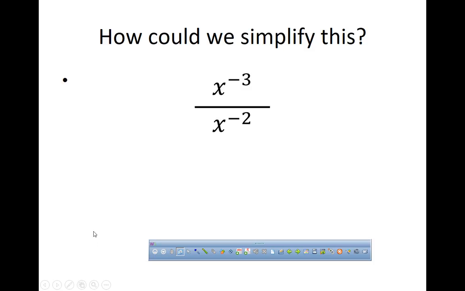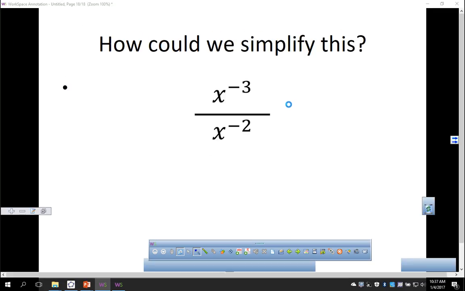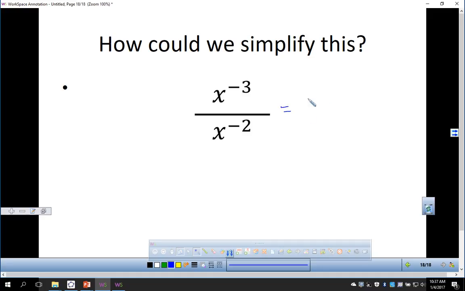Next rule. Last rule. How can you simplify this? X to the what? You can do it. Subtract. What's negative 3 minus negative 2?